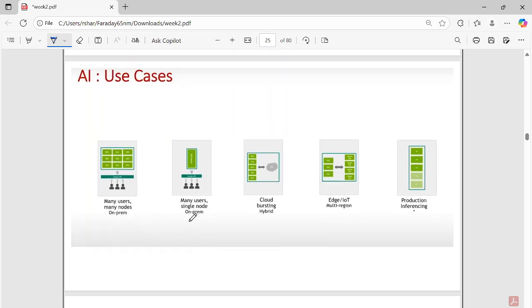AI use cases. The first one, for example, you are in a college and there are so many students, so many users, and we have so many nodes on the premises, and all of them have to access the many nodes.